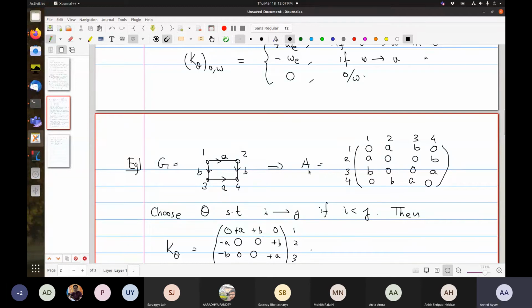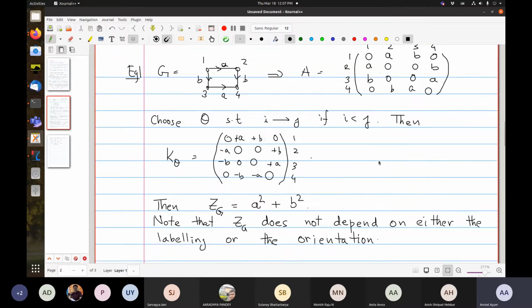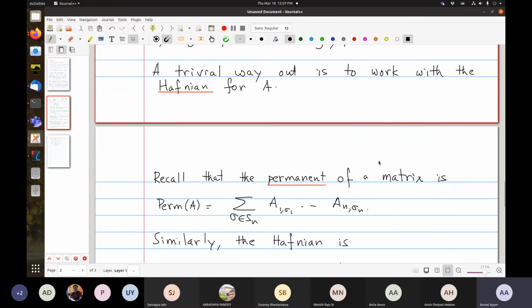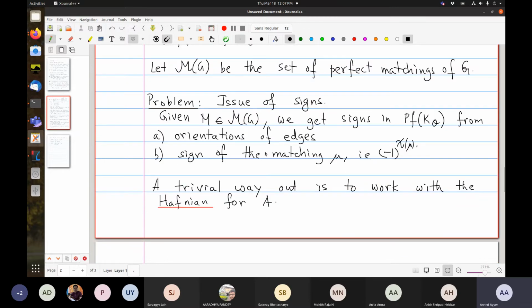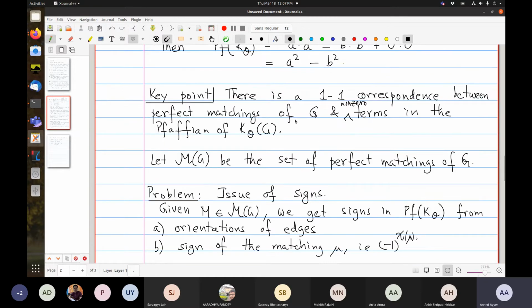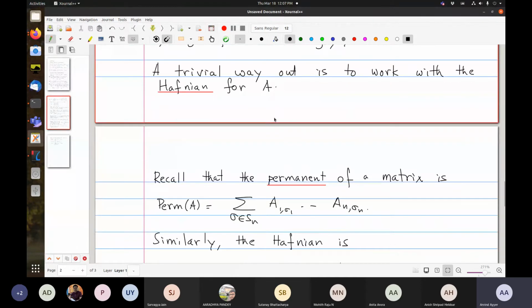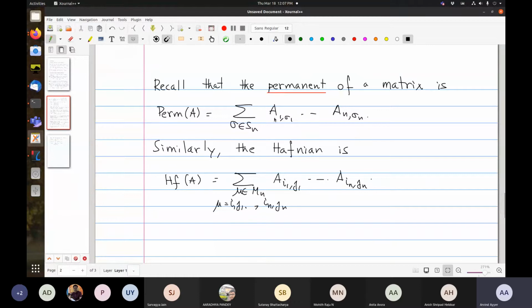I told you that you should think of the weights as energies, so you think of them as positive real numbers. So this is a manifestly positive matrix, and if you work with the Hafnian, each term is going to be positive. And by this argument, you're going to get a one-to-one correspondence with perfect matchings. And so this is a trivial way out of working with the signs.